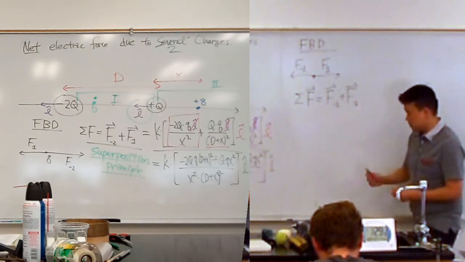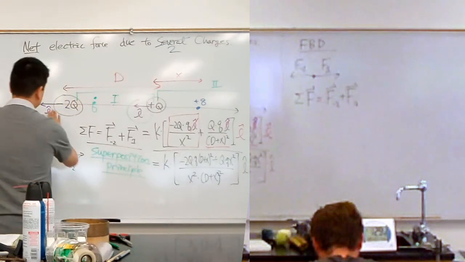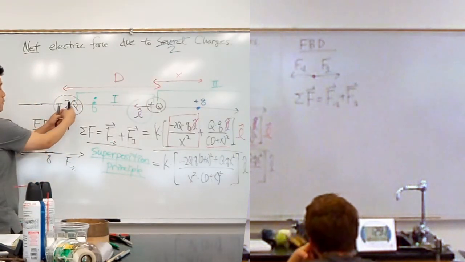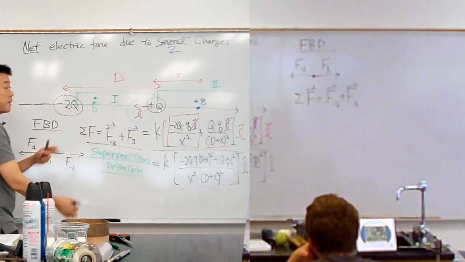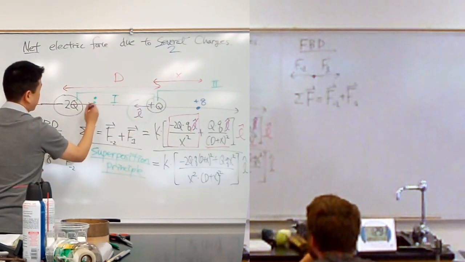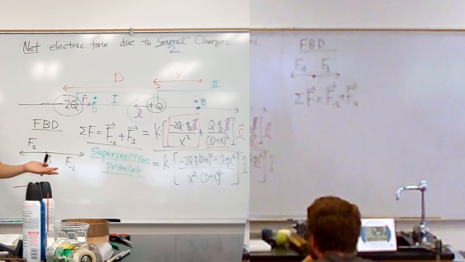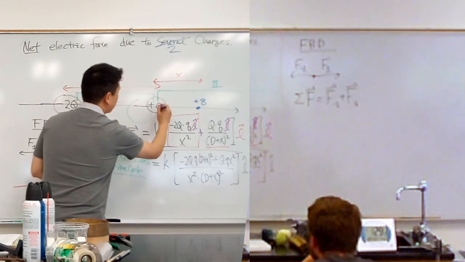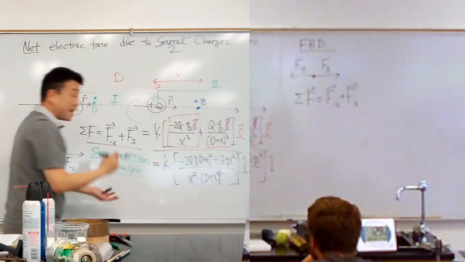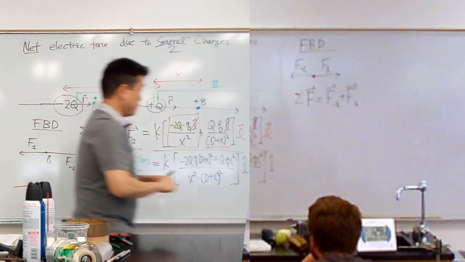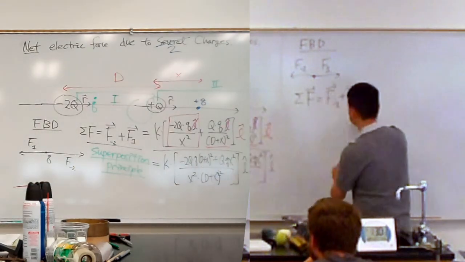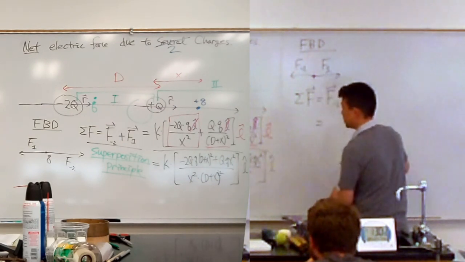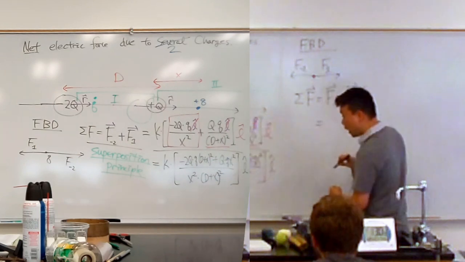The unit vectors that are in effect now are not the L hats. So I'm looking for the vector that's pointing from the source to the target. So it's this unit vector. Let me call it R hat, R for rightward, not for the usual reasons. So call this R hat. They both happen to be the same unit vector. So when I add these two together, I'm applying Coulomb's law now.